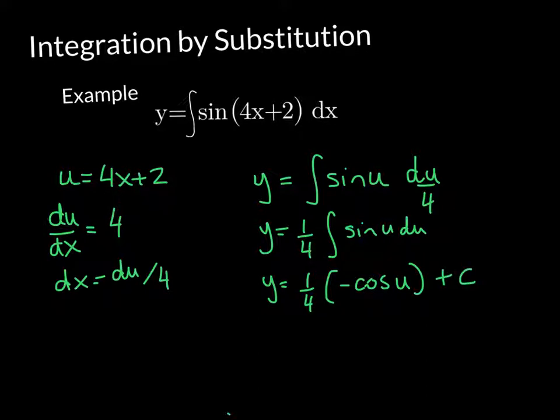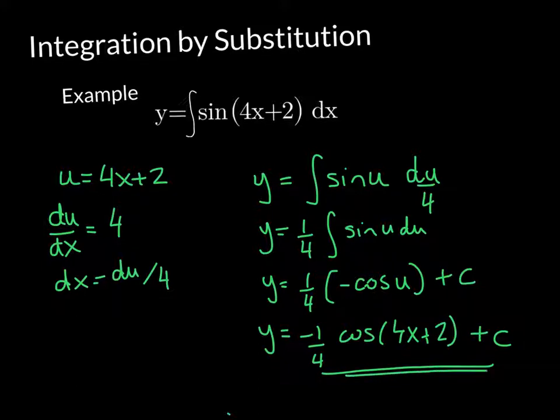The last thing that we need to do before we get our final answer is to substitute the expression for u back in. So don't forget to do that as your last step. So what we end up with is minus 1 over 4 times the cosine of 4x plus 2, and then your constant of integration. So that is our final answer for that problem.